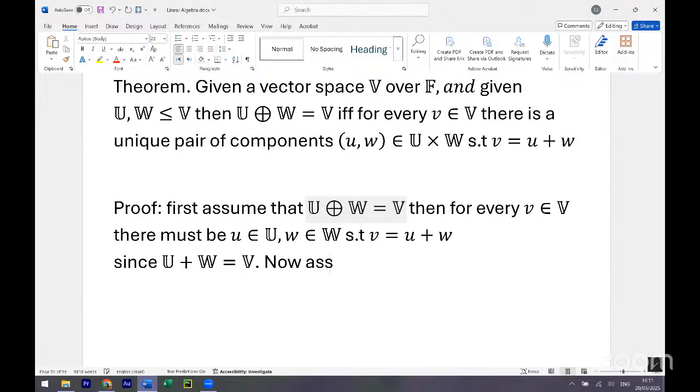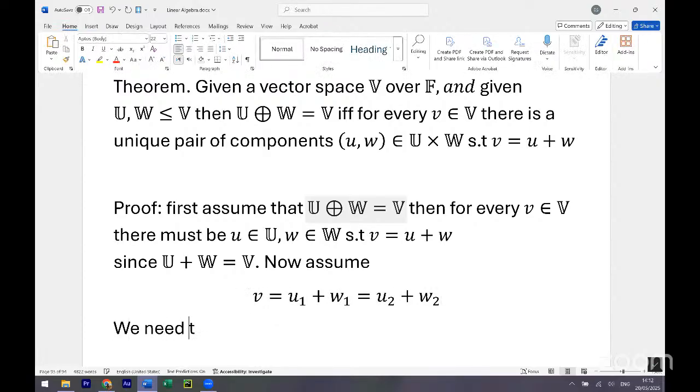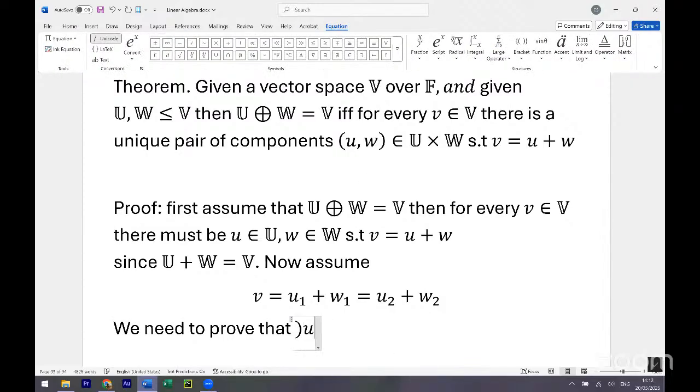Now assume that V is U1 plus W1, but it is also U2 plus W2. What do we need to prove? We have the pair U1, W1 that works, but we also have the pair U2, W2 that works.